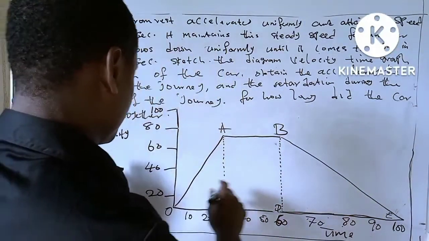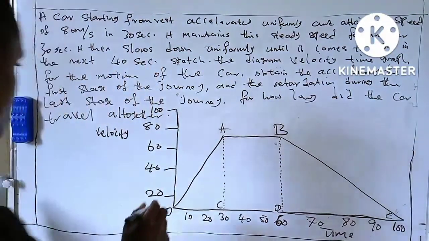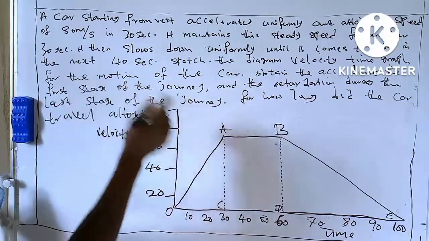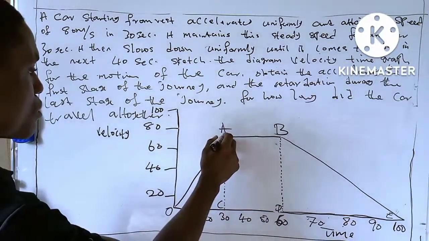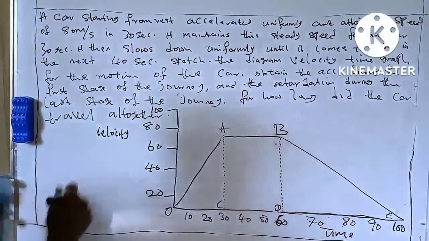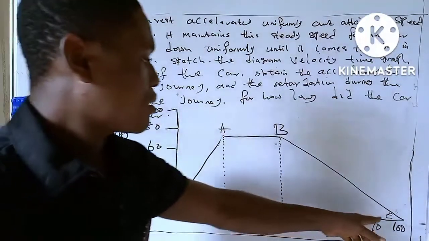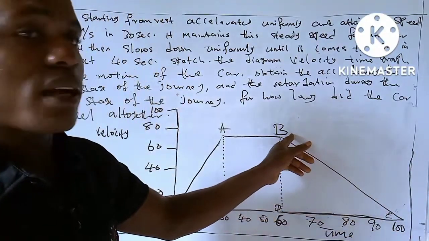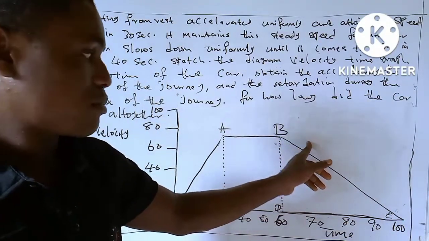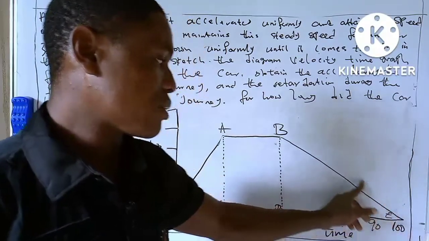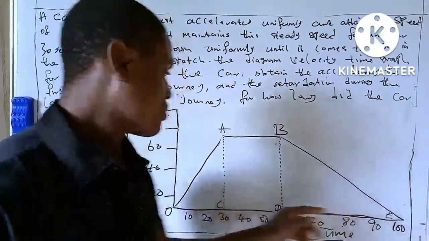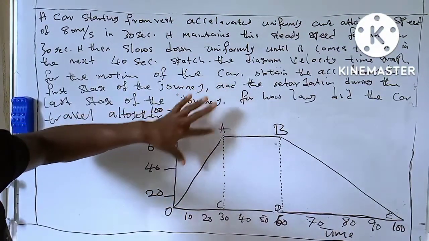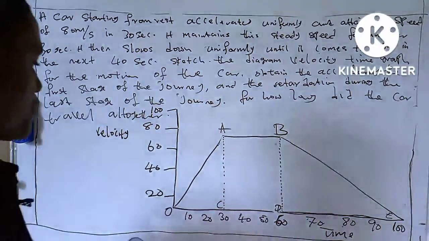BE here is the retardation or the deceleration. Please don't be confused. Whereas OA is the acceleration, the uniform acceleration.